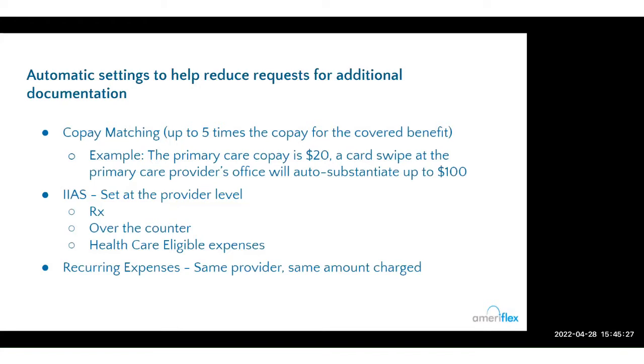So it matches up to 5 times the actual copay dollar amount. So in this example, $20 copay, you're making a $100 purchase. Our system is going to automatically approve that transaction and not request that documentation from you.